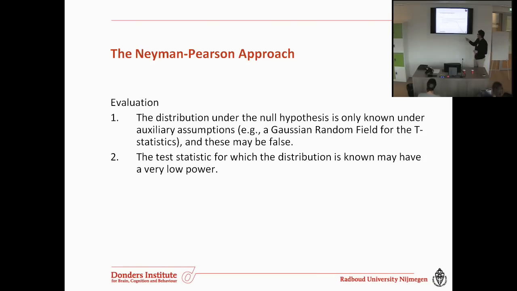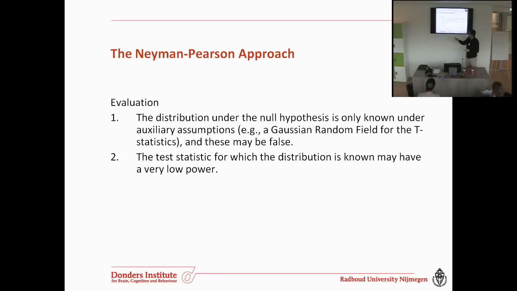Some of you may have heard about the Gaussian random field, and that is the main auxiliary assumption. If you assume that a Gaussian random field holds for your data, then you can apply a reference distribution, for instance, for the maximum t statistic.